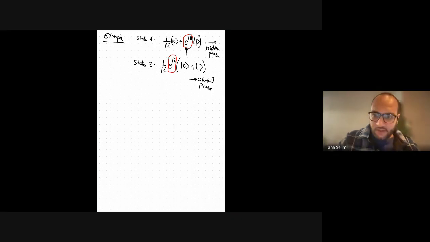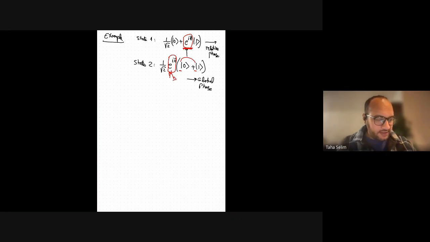Why is it global? Because it's outside the ratios or the relation between the 0 and 1. So if this one disappeared, it won't impact any information that I have regarding this. And if I use a normalization, this phase will disappear. So this will disappear in the normalization.